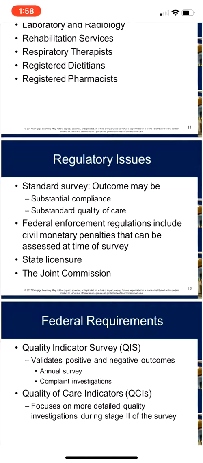And then lastly, let's talk about Joint Commission. The number of long-term care facilities seeking accreditation from Joint Commission is relatively insignificant. There is no clear advantage for a long-term care facility in seeking Joint Commission accreditation, unless it is required as a part of an overall hospital accreditation for hospital-owned or operated long-term care facilities.